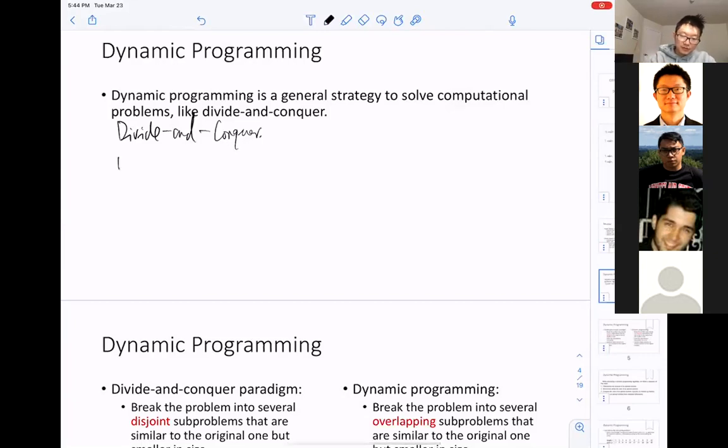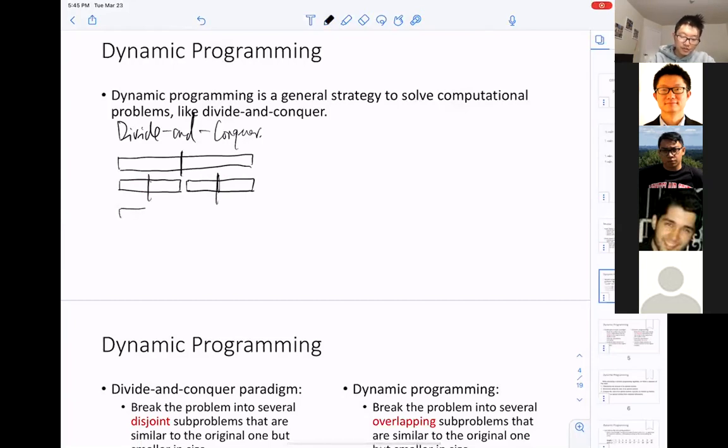So let's go through the process for merge sort. Given a very long array, we want to divide it into two small subarrays, and then we focus on each of them separately.